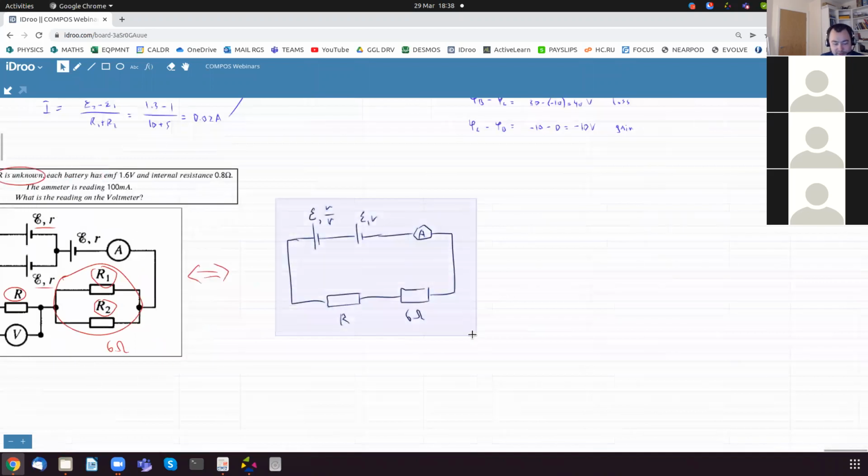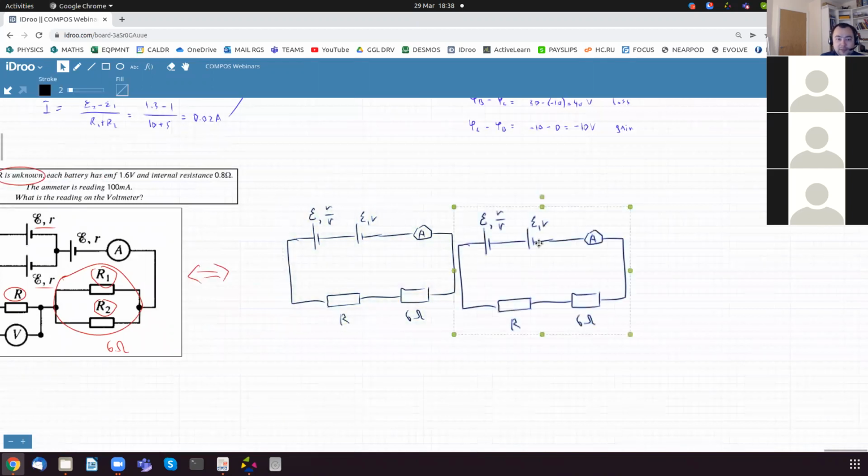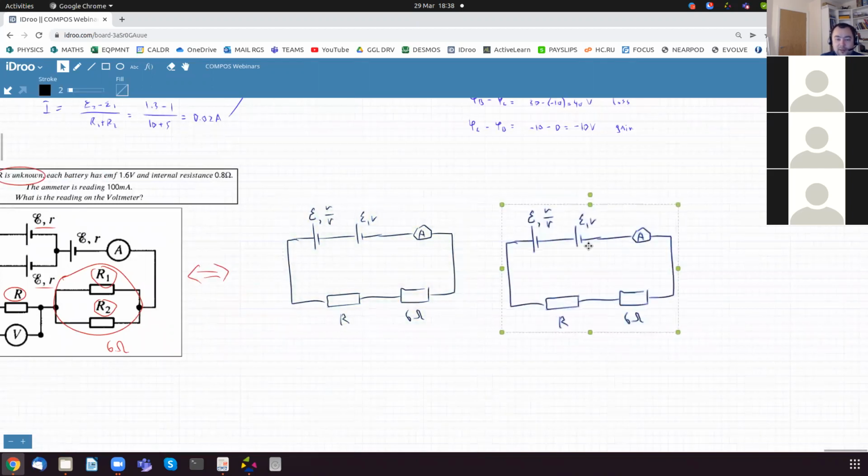batteries in series. And 2 batteries in series, we know that the resistances and the EMFs add up. So the total EMF is going to be 2 EMF, 2E.